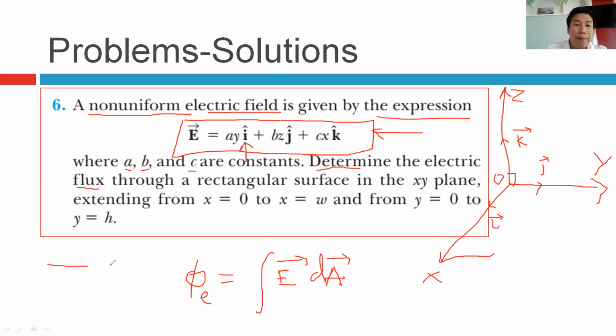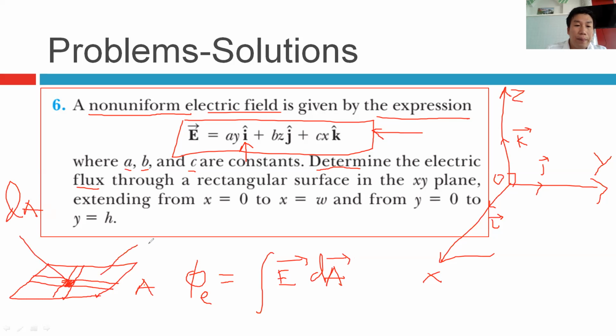So if you have a surface, I assume that this is a surface A, and you can divide this surface into many very small surfaces dA here.